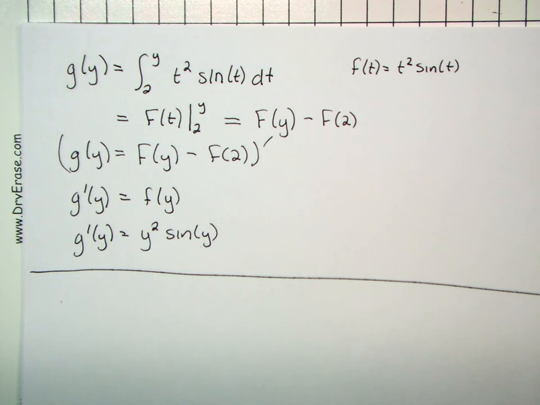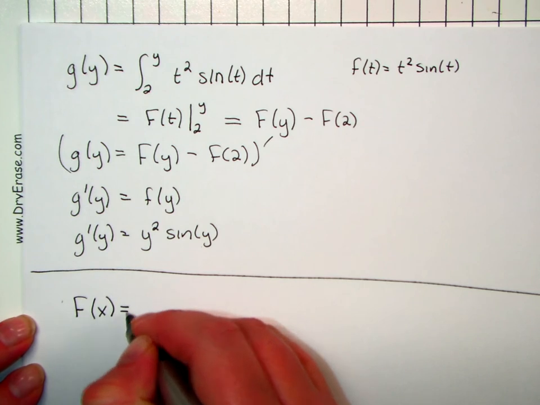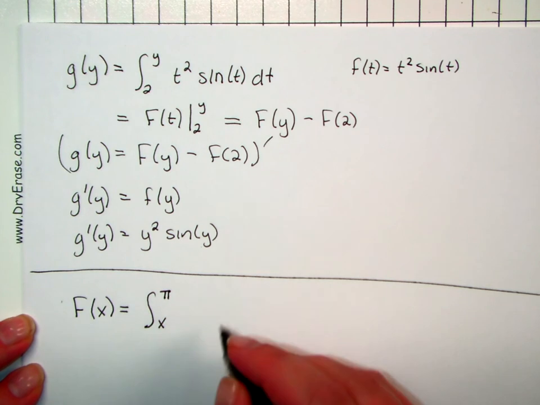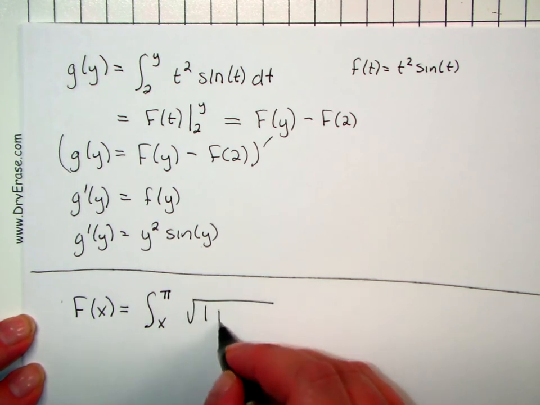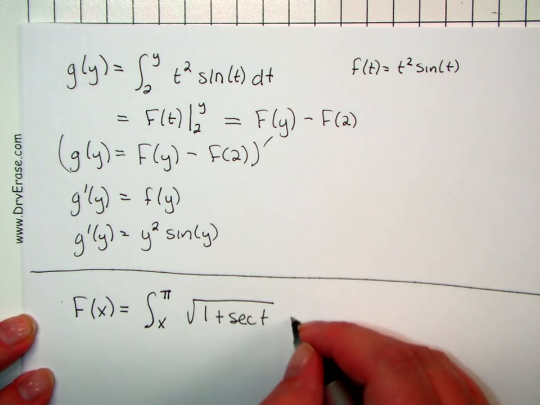So, yeah, let's look at capital F of x is the integral from x to pi of the square root of 1 plus secant t dt.